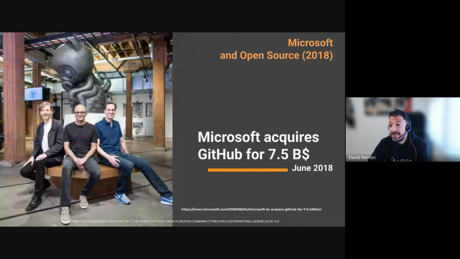And not only this, but 2 years later, Microsoft acquired GitHub for $7.5 billion. We can see the move from the initial thought of the CEO, who hated Linux as a competitor, to the moment in which Microsoft embraced open source.